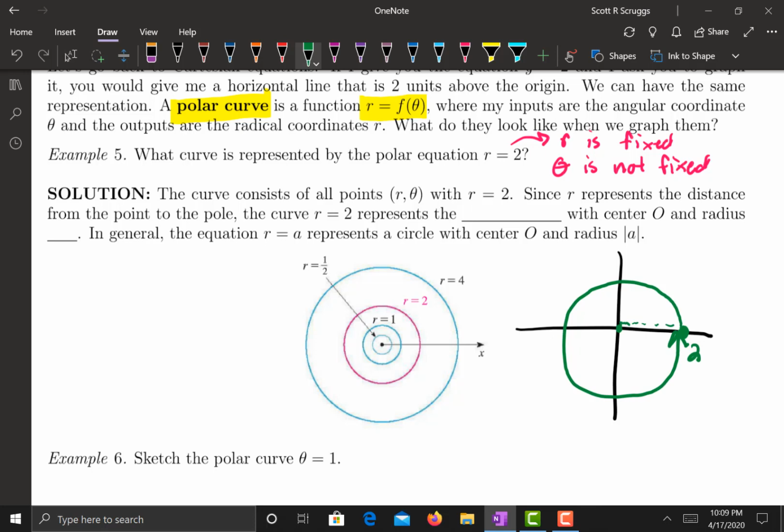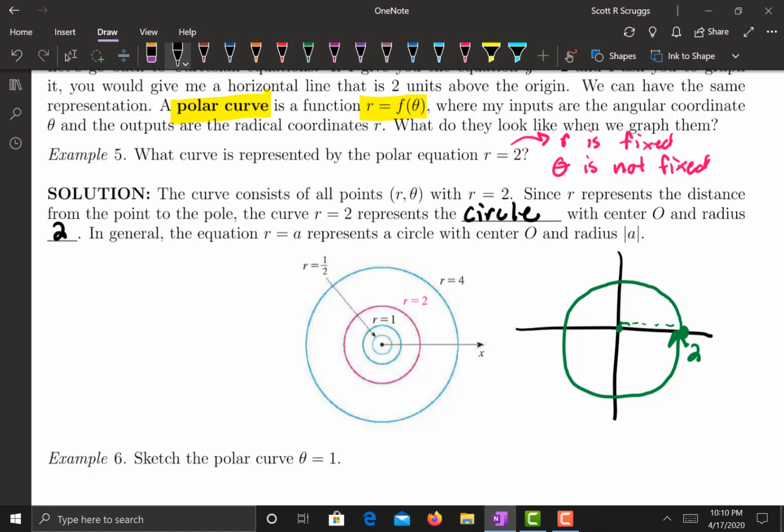It doesn't matter what angular value I get, all of them are valid as long as r equals 2. So if I have a polar equation where the radial coordinate equals 2, this is going to represent a circle with the center being the pole and the radius being 2.